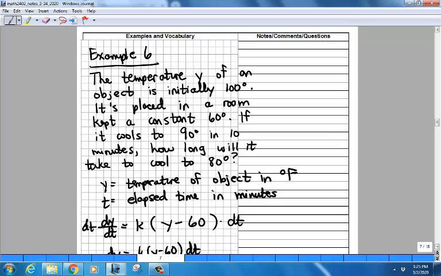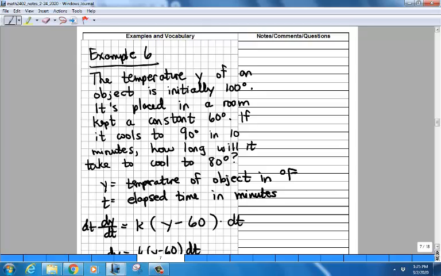If you place an object in an oven, for instance, where it's going to heat up, the same rule applies. We had a little bit of information about how fast the object was cooling. We're going to use that information shortly, after we have finished solving the differential equation that goes with this problem.